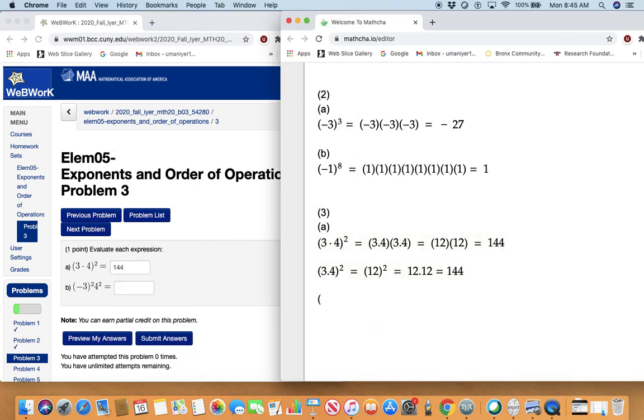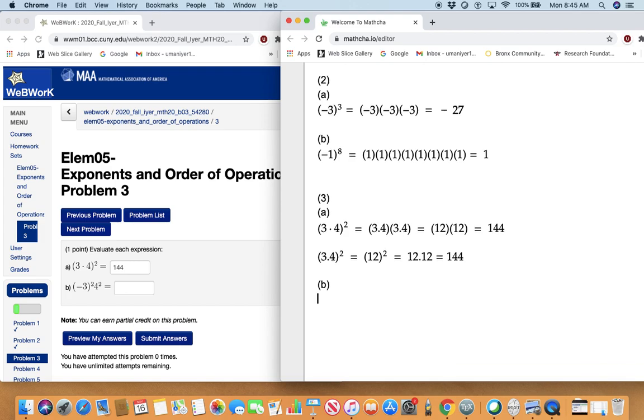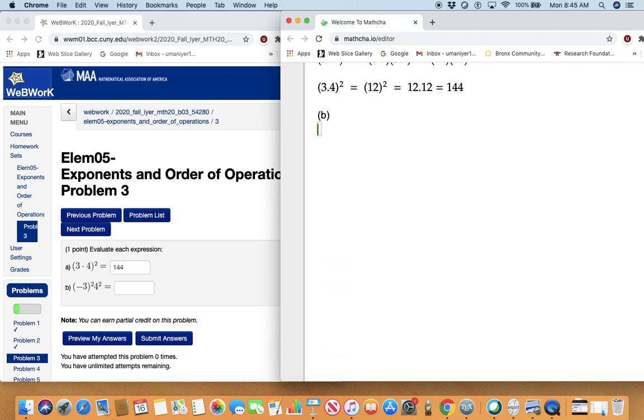B part. You have negative 3 power 2 times 4 power 2. Okay. So order of operations. There is a multiplication between these, but power takes precedence. So first the power of this. If you like, you can write it like this because the square applies to the parentheses.